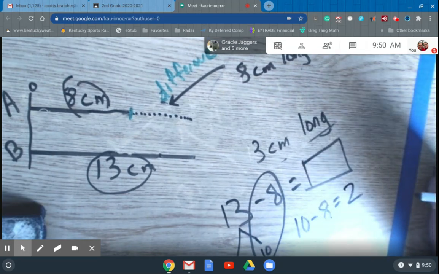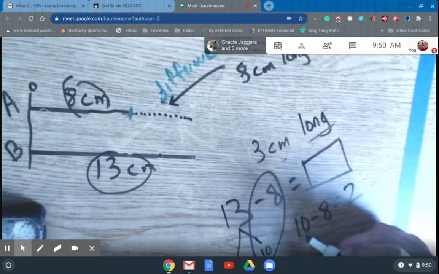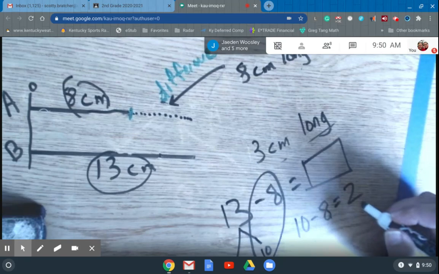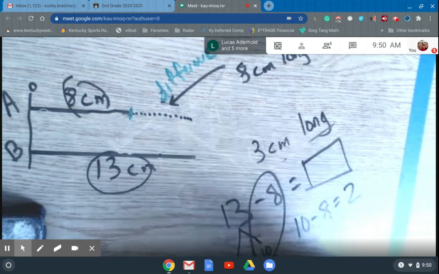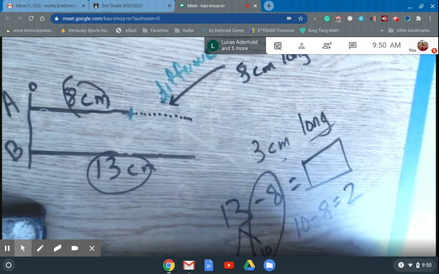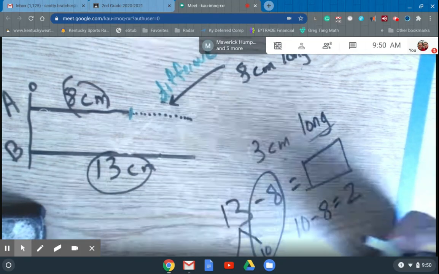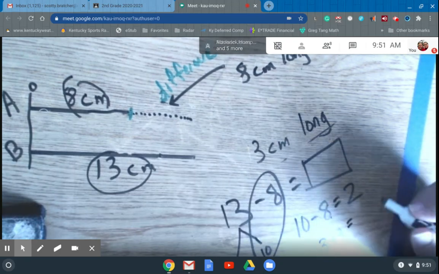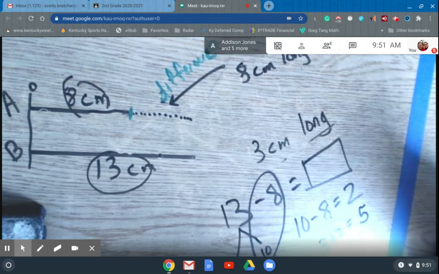So, just like if we was at Walmart and you had $10 and you bought something with 8, the lady gives you back $2. But then you already have $3 over here. So how much money do you have left? Well, I've still got the 3 plus the 2 I've got now, and that equals 5.